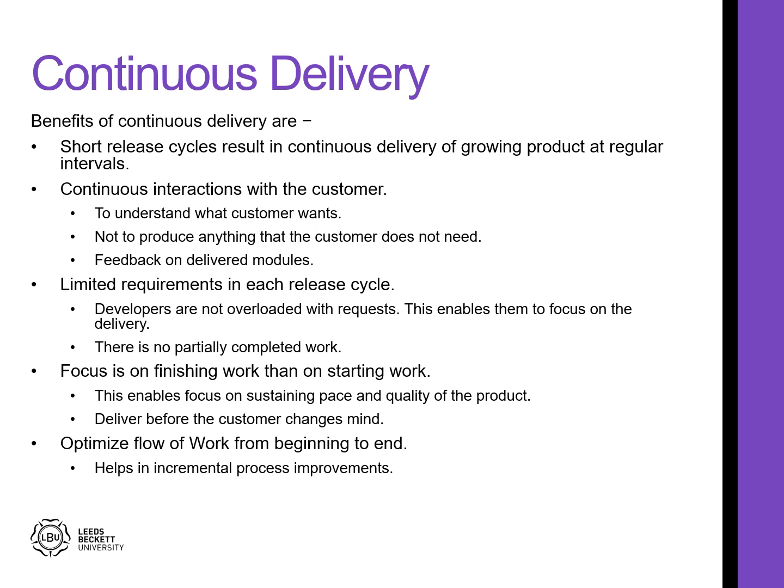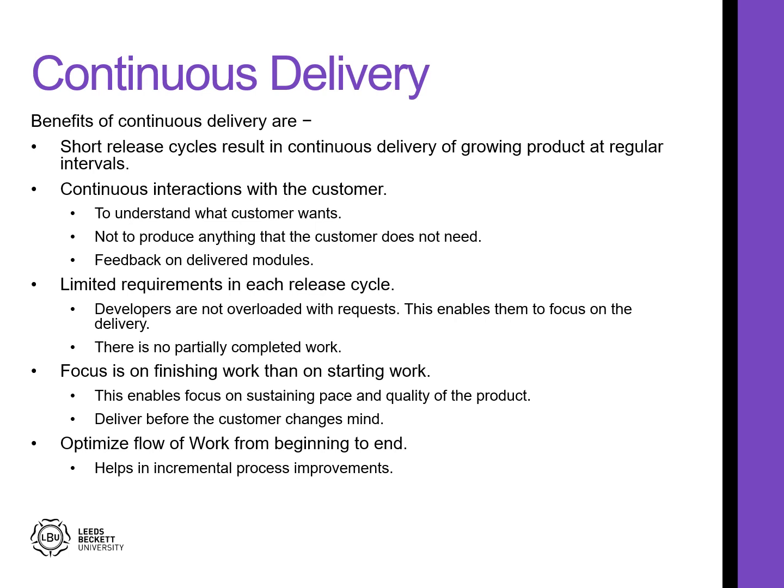Continuous delivery. The benefits of continuous delivery are short release cycles, which result in continuous delivery of a growing product at regular intervals, and continuous interaction with the customer. So you're finding out, because it's a pull system, you're reacting to the customer's requirements. So you understand what the customer wants, and you get feedback from them.